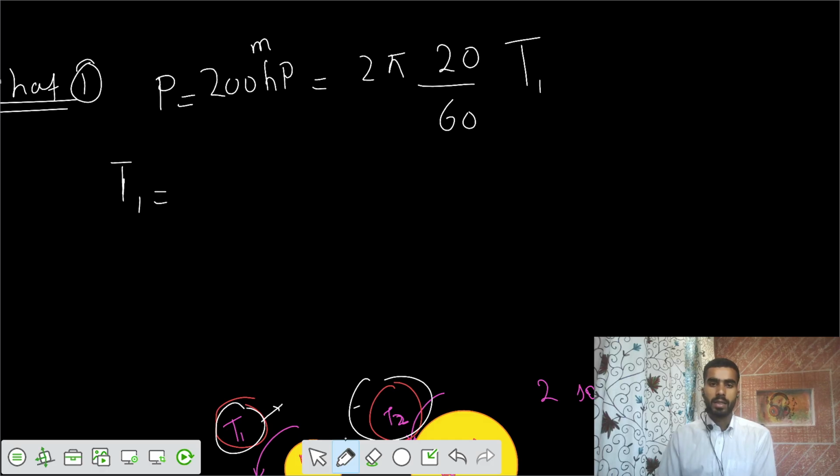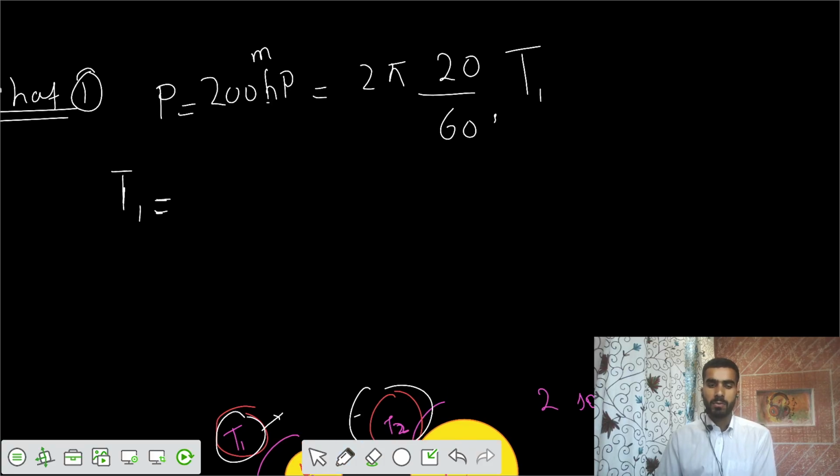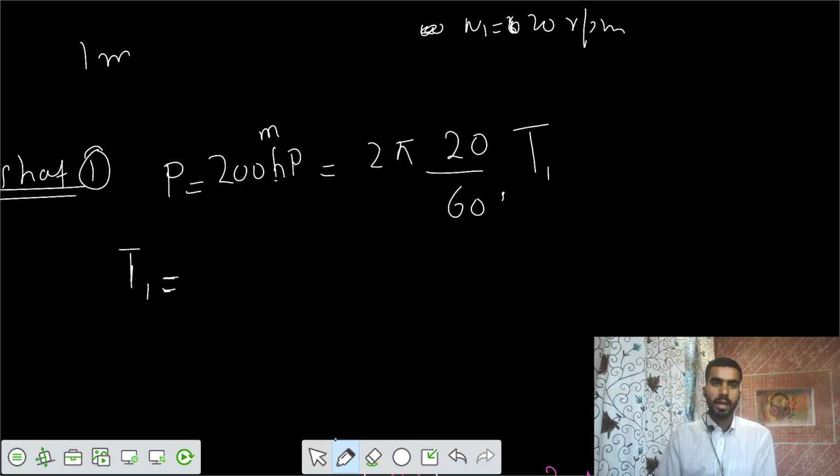Here I would convert the units into Newton meters per second. 1 metric horsepower equals 735.5 watts, that equals Newton meter per second.